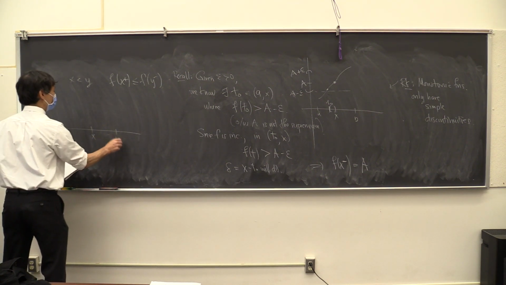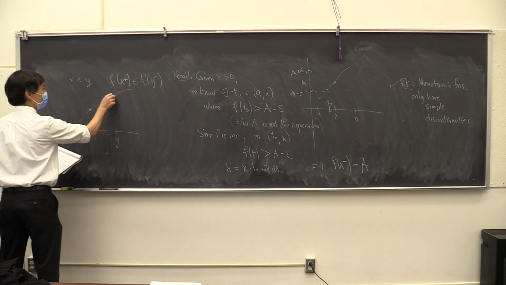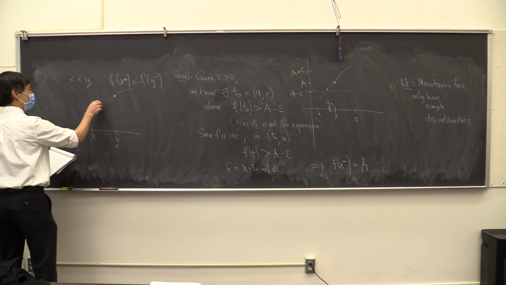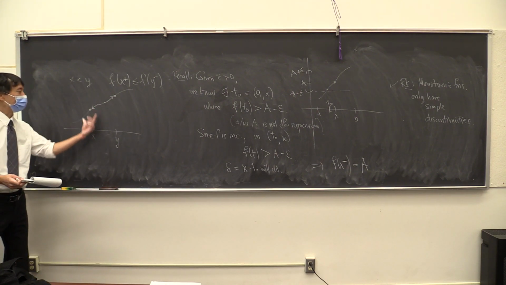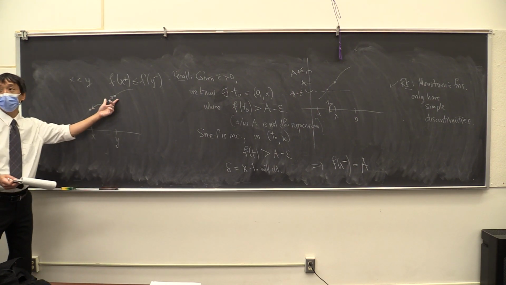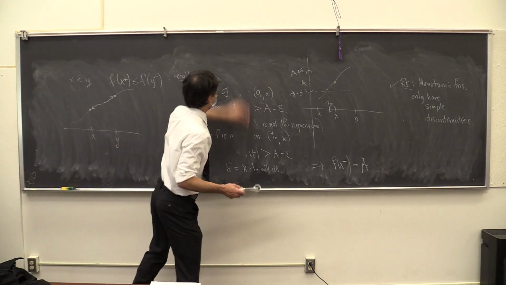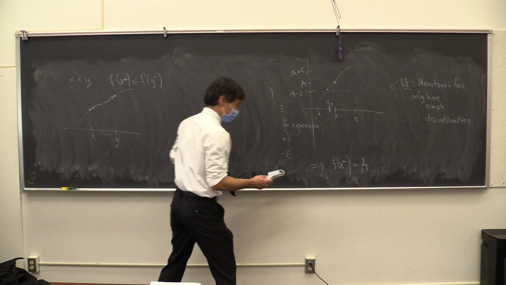You've got these 2 points, x and y. You've got your monotonically increasing function. You look at the right limit of this guy, and you look at the left limit of that guy, and the right limit of the left guy will be less than the left limit of the right guy. So that's sort of intuitively obvious. Let's just write down how that works out.